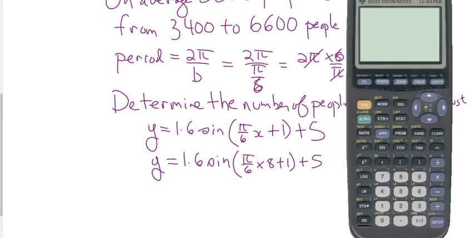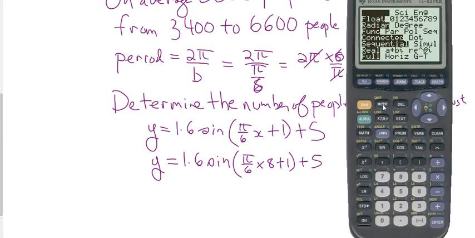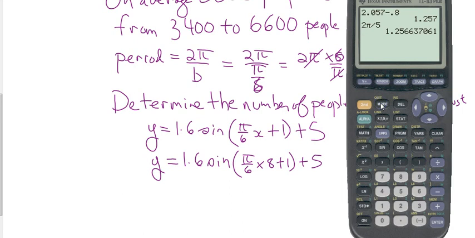Okay, and what will we get? Check mode, yep. .57, 8.